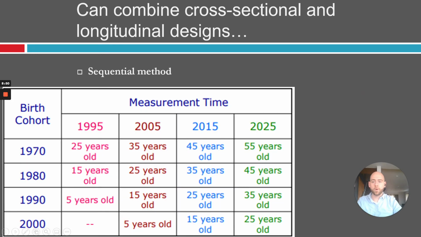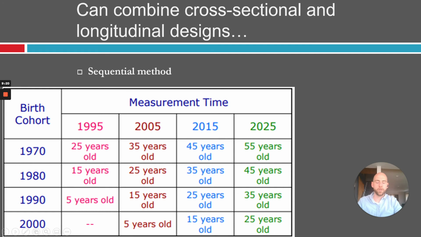So your example might be you have people in your study that were born in 1970, some in 1980, some in 1990, some in 2000. So you have these cross-sectional cohorts, but you still follow them over time. So you measure in 95, 2005, 2015, 2025, and you take this over time to be able to both see the development within a cohort and be able to compare between cohorts and see these differences compared to one another.